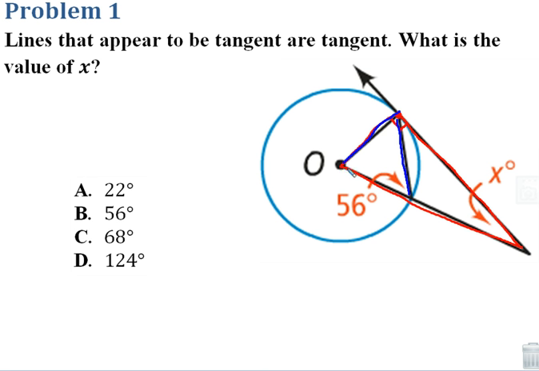Okay, so now since both these segments coming out of the center of the circle are radii, I know that these two angles will be congruent to each other. This will be 56 degrees. Okay, meaning we can find this central angle right off the bat. If I go 180 minus 56, that's going to give me 68 degrees.